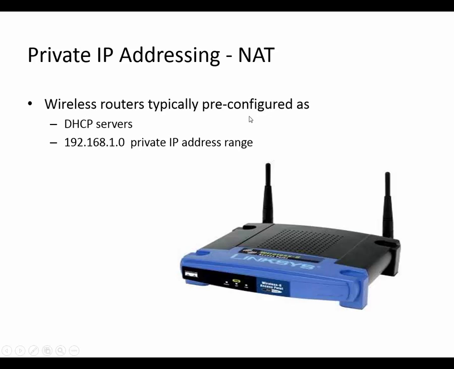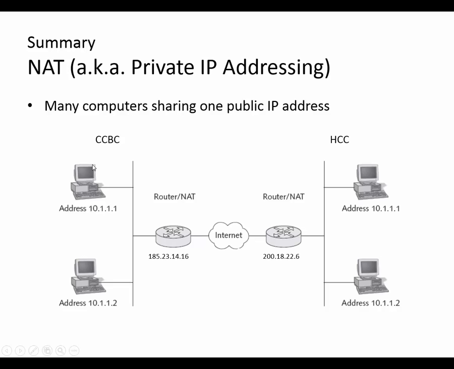Most wireless routers are typically pre-configured as DHCP servers, which issue the private IP address of 192.168.1.0 to all of the computers on that wireless network. In summary, network address translation, which is also known as private IP addressing, addresses the problem that we are running out of IP addresses. And with network address translations, many computers within an institution share one single public IP address.